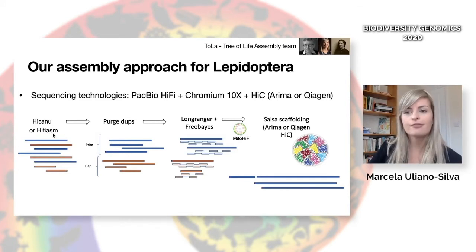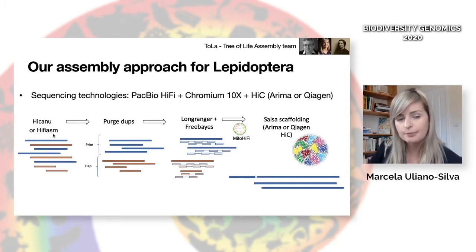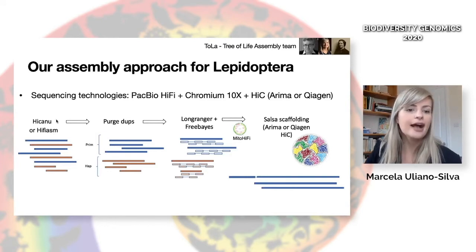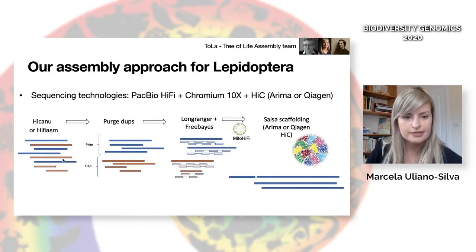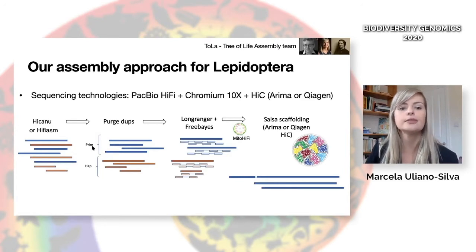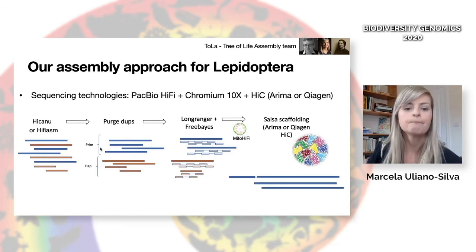Because the PacBio HiFi reads are so high quality, it's possible to separate the haplotypes even if we have low heterozygosity. So an assembler like HiCanu is going to produce an output of double the haploid genome size, because it separates the haplotypes. Hifiasm has a degree of purging, but then we separate the haplotypes with a software called purge_dups, which separates into primary and haplotigs.